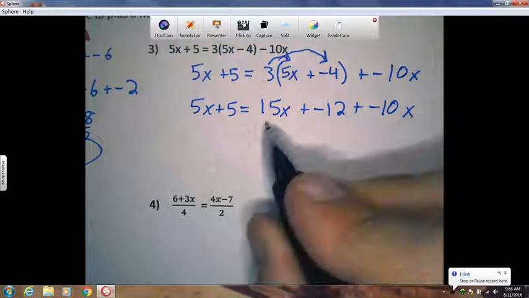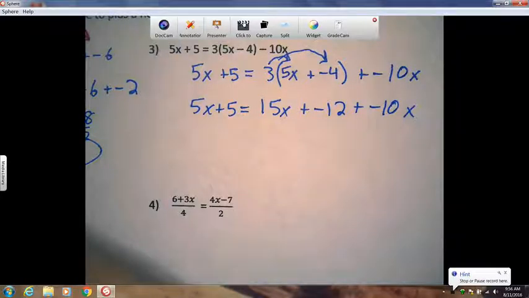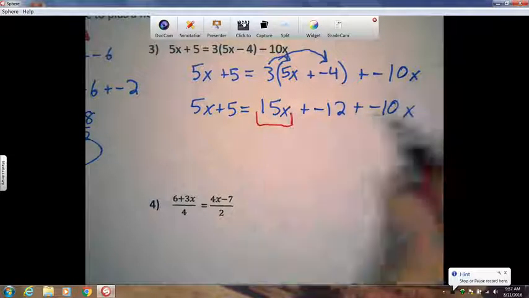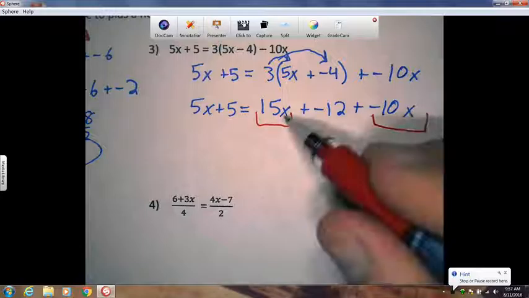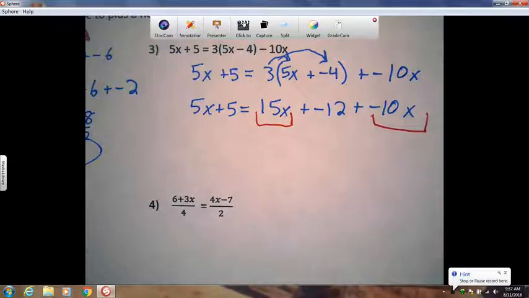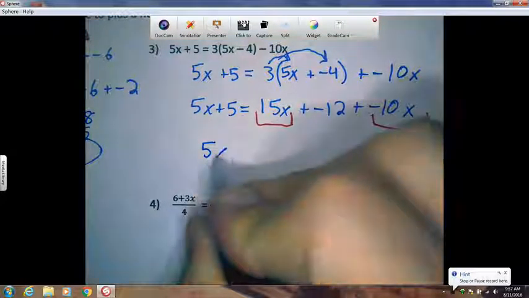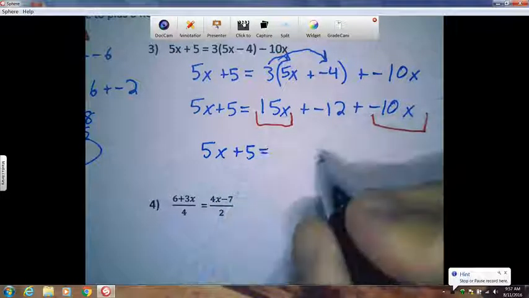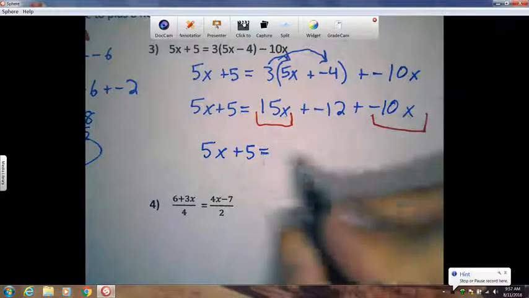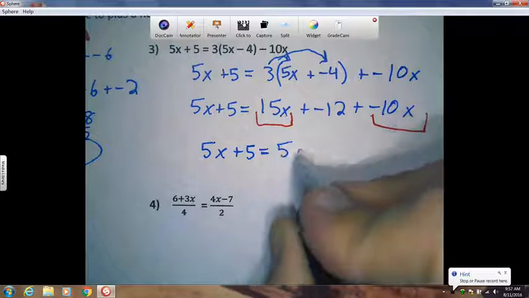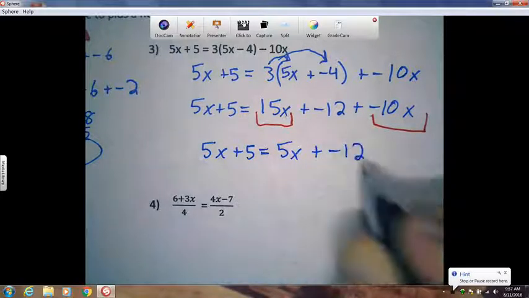Now I'm going to simplify on this side. I have some like terms. Remember, to combine like terms, they have the same variable to the same power. You just add coefficients. So 5x plus 5 is equal to, over here I have 5x plus negative 12.